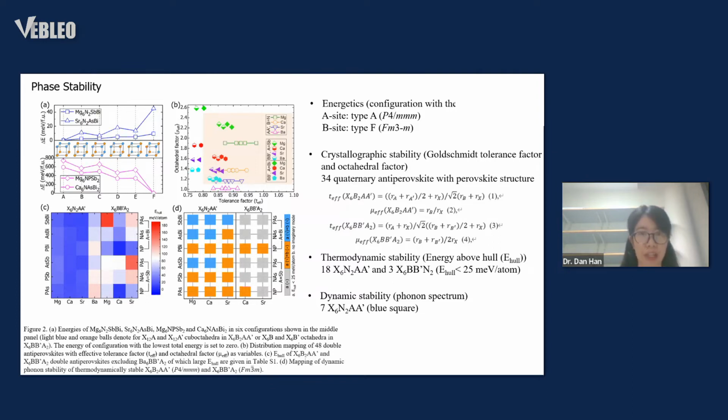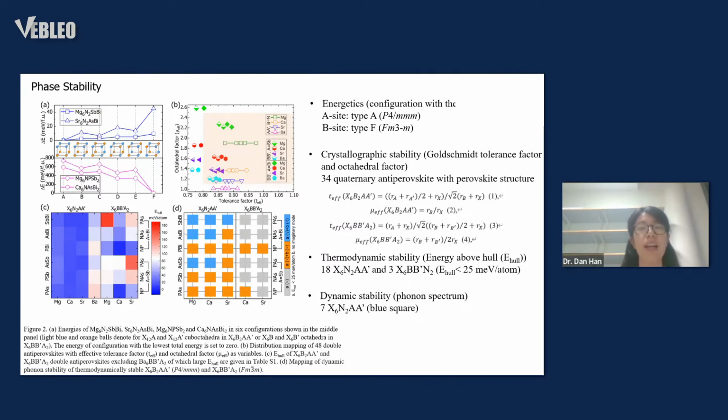For these 34 quaternary antiperovskites, we evaluate their thermodynamic stabilities using the database from Materials Project and the calculated total energies of the target compounds.